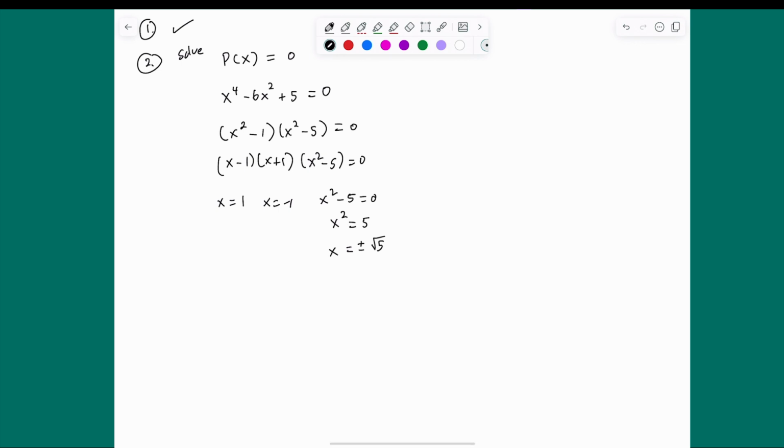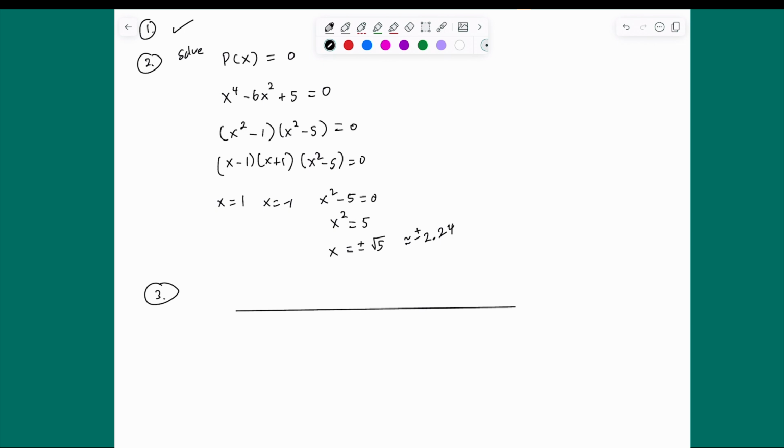And then step 3 is to create a number line or a table, where we have our values. So for the square root of 5, it might be helpful to get an approximation. The square root of 5 is about 2.23, actually closer to 2.24 if I round to the hundredths place, so plus or minus 2.24.